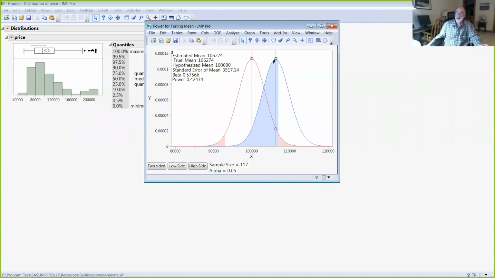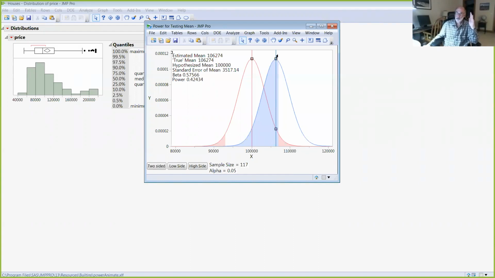Given that we found 106,000, the blue area represents the part of the red curve that is inside this region that we would not reject the 100,000 hypothesis. Remember, the red areas are where we reject, we're far enough away from 100,000 to reject it.